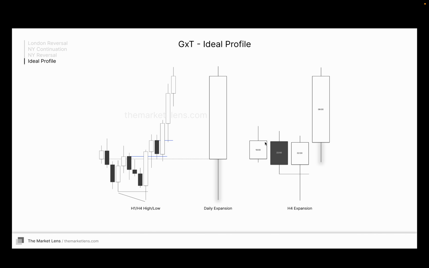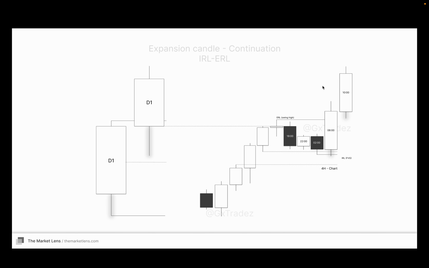So now you're just aligning 4-hour expansion candles away from the low of the day. So basically, this 2 a.m. candle here forms the low of the day. You're not going to trade this candle. Why? Because it does not support expansion. Pretty large wick. You're just going to simply wait to align yourself with expansion. Does that make sense? So that is the GxT ideal swing or profile.